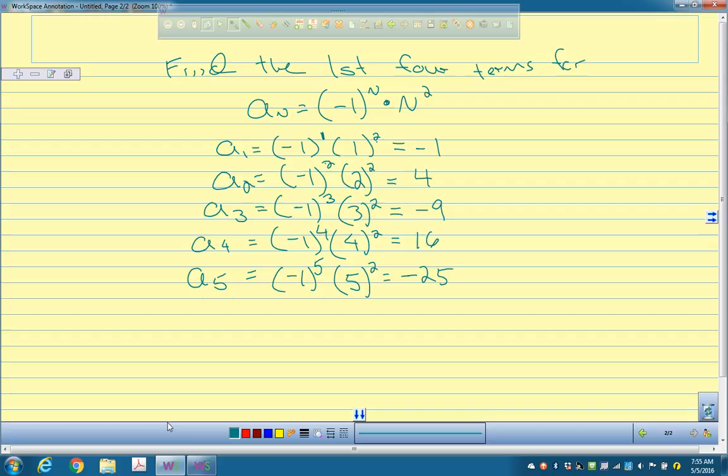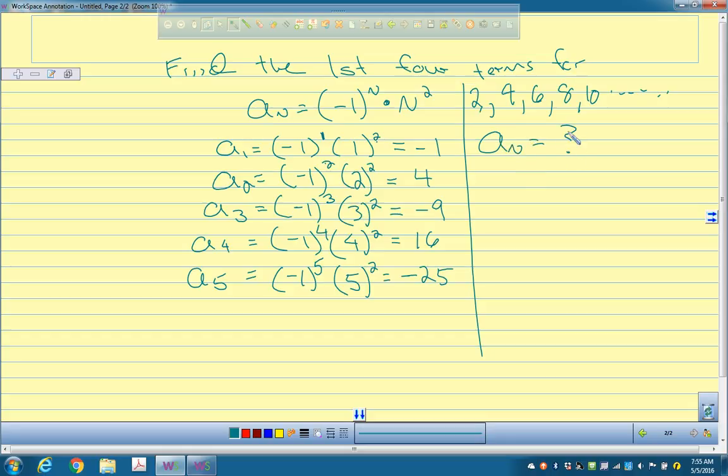So that's pretty easy. But not all of them look like that. So what if I had a sequence that looks like this: 2, 4, 6, 8, 10, which is the one that we had, and I want a sub n is equal to something.